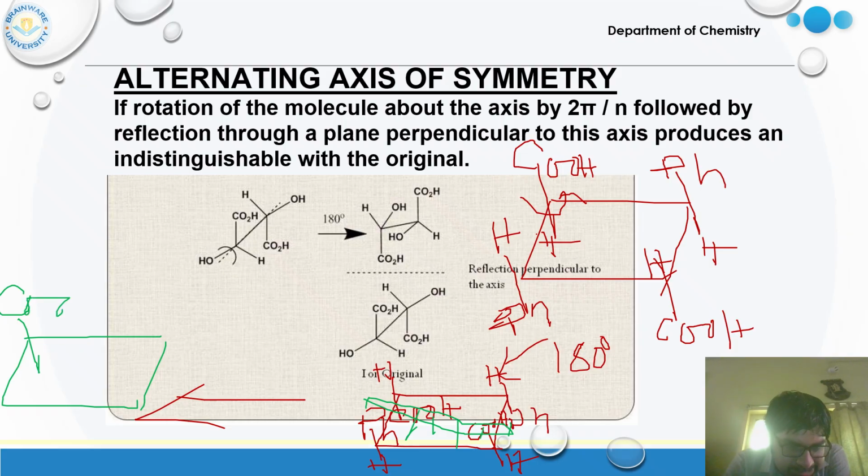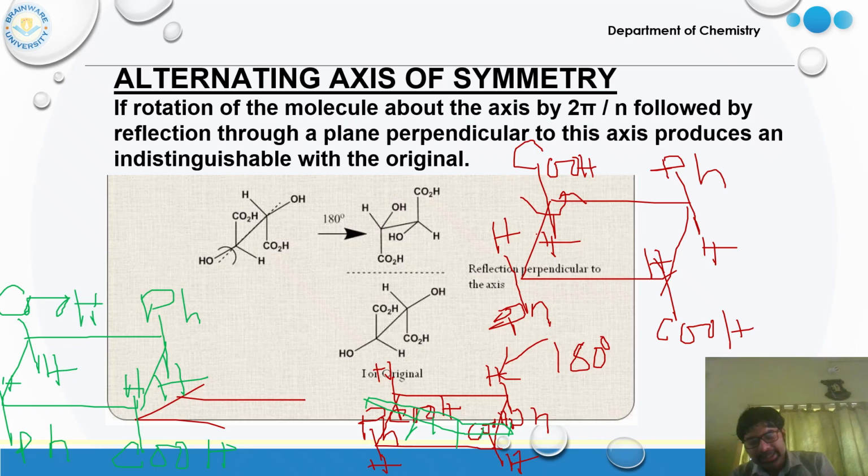So this will be COOH, H, pH, H, H, COOH, H, pH. So here the molecule is rotated by 180 degrees. Then we carry out its mirror image along the diagonal. Then we get the identical atoms.